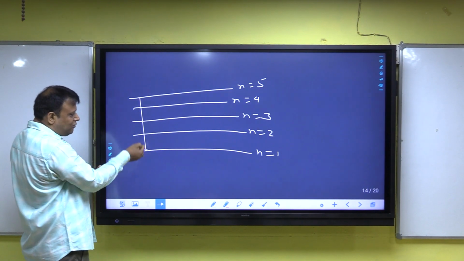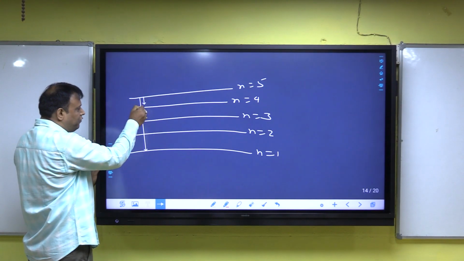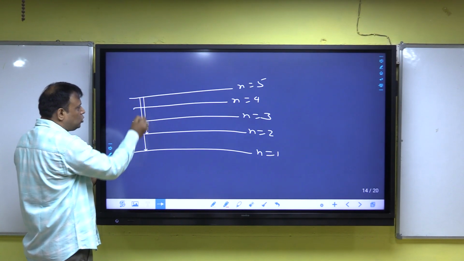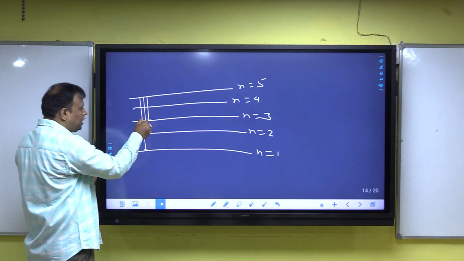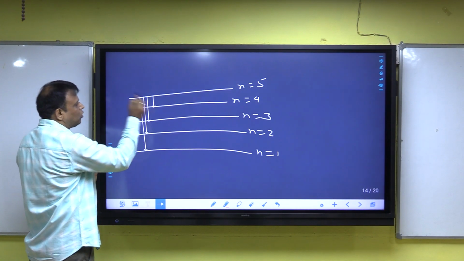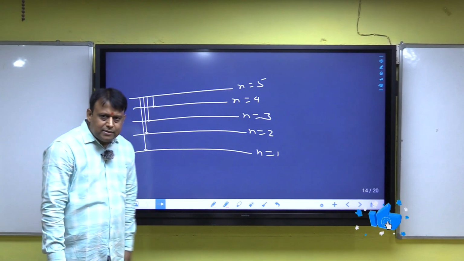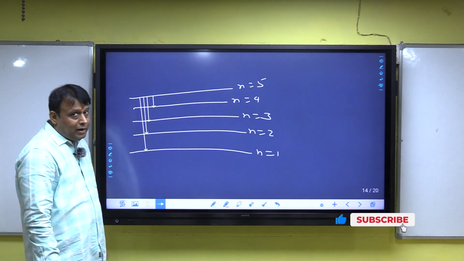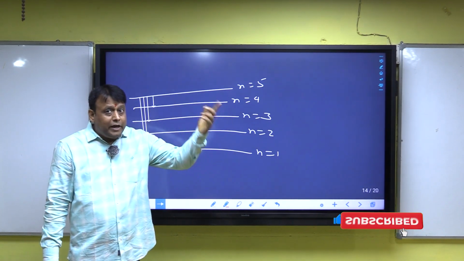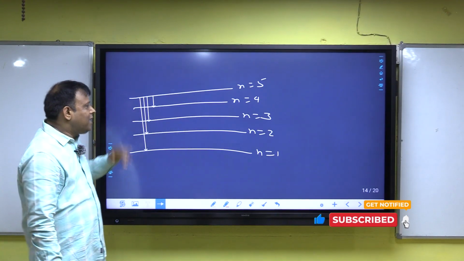But the electron can also fall from 5 to 2, 5 to 3, and 5 to 4. How many lines? There are 4 lines. Clear? But the answer is 10. How 10? Look at the board.